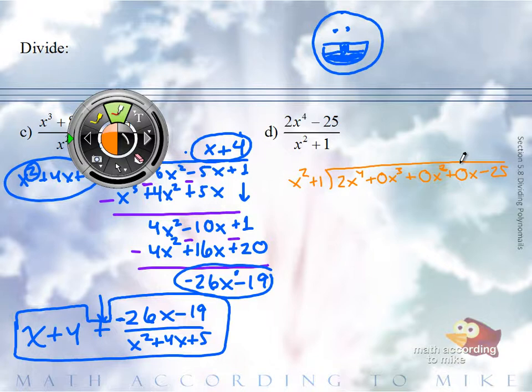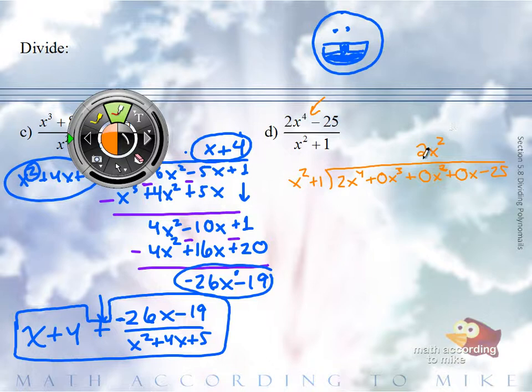The process is still the same, leading term over leading term. So let's do leading term over leading term. 2x to the fourth over x squared, 2x squared, so put that in the x squared column. Now what do we do? Multiply.